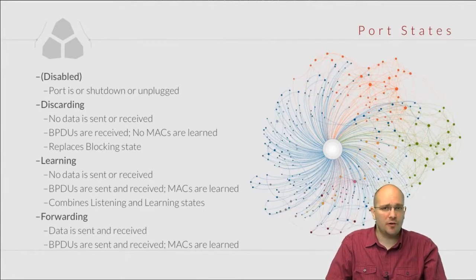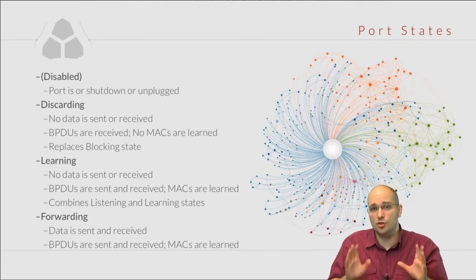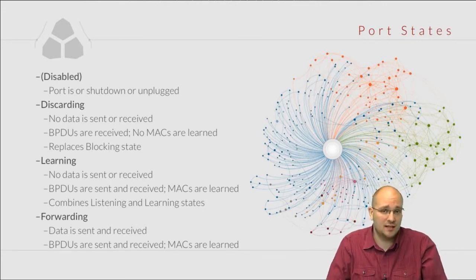First, we have the disabled state. This is not a standardized state, but it's the state when the port is really shut down or turned off. We should give it some name. I personally like to call it the disabled state, but remember, this is not part of the spanning tree definition. This is why I put it in parentheses.